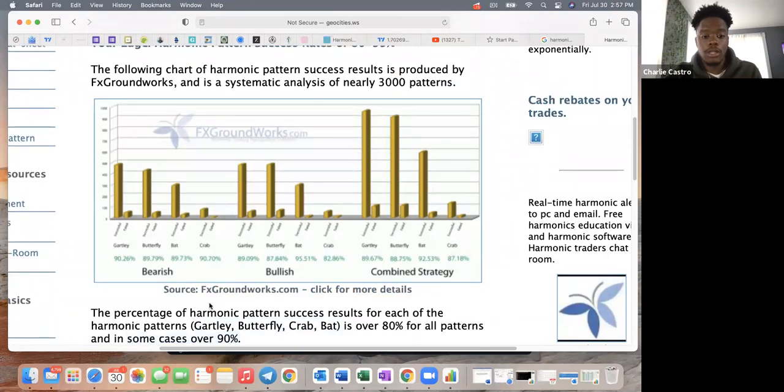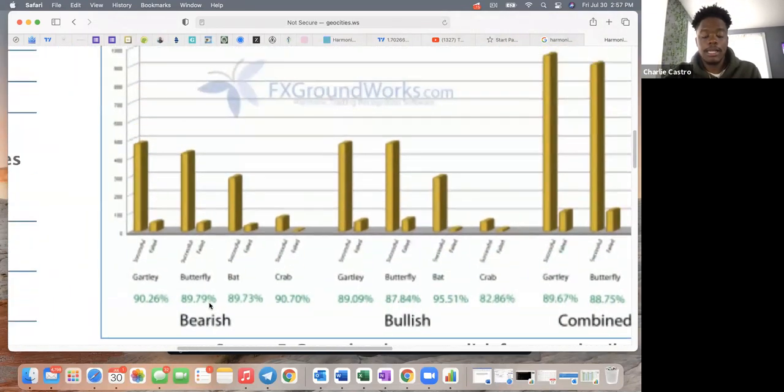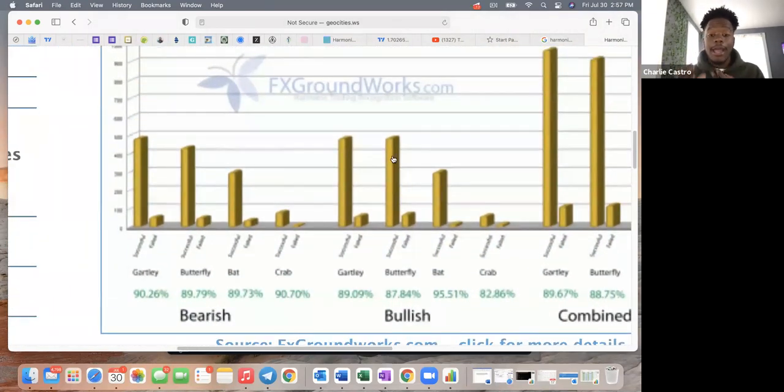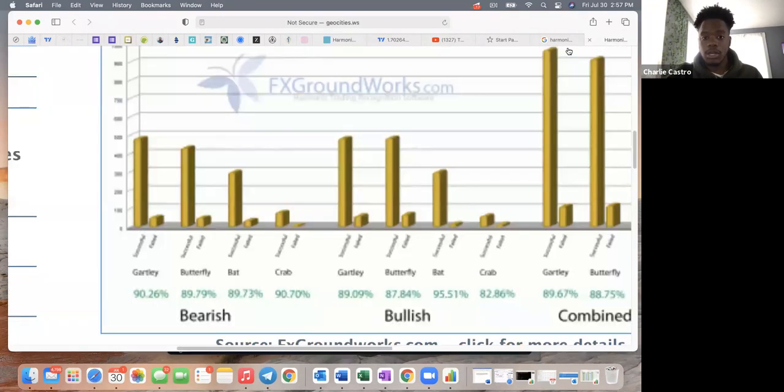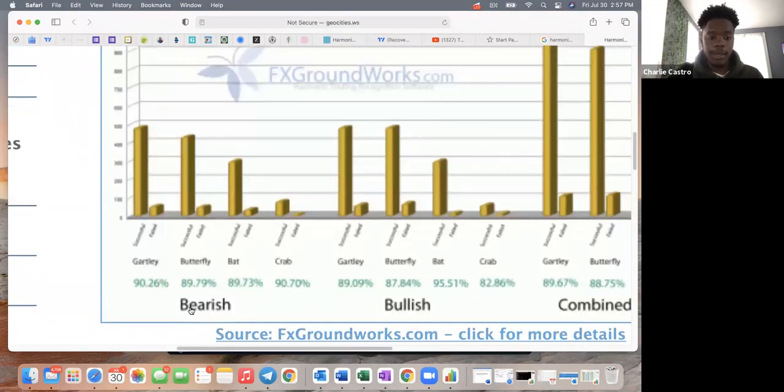Okay. And if you look closely, like I told you before, every harmonic pattern is either bearish or bullish. So you have to identify that before anything, right? For example, when you're looking at the scanner, this is a bullish harmonic bat pattern. And if we go into the chart, a bearish Gartley, butterfly, or bat gives you different percentage rates.